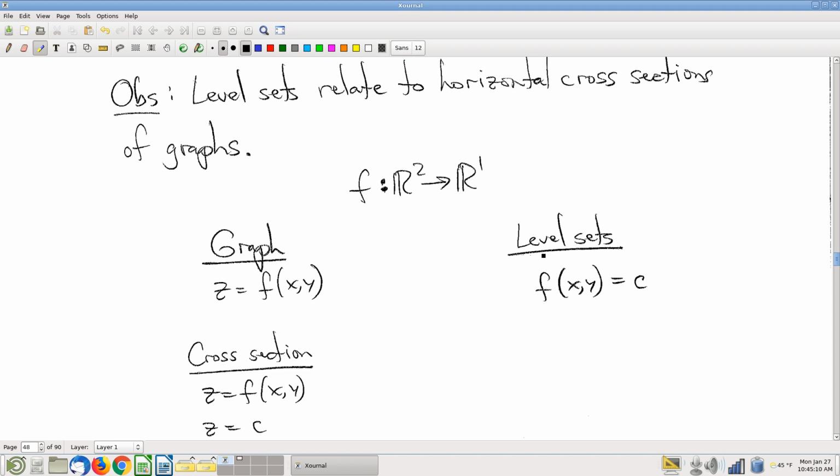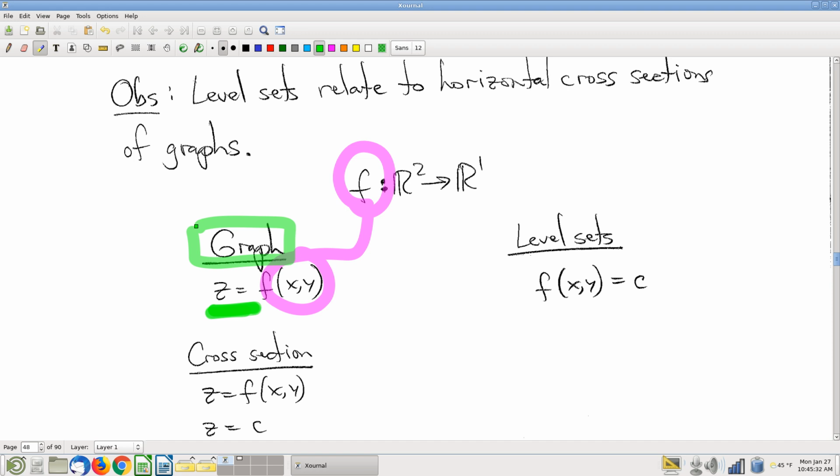Let me just remind you the way we make a graph. We take the function, the values of the function, and we set them equal to a new variable, maybe z. By the way, don't inadvertently choose for your new output value variable a variable that you've already got as an input variable.